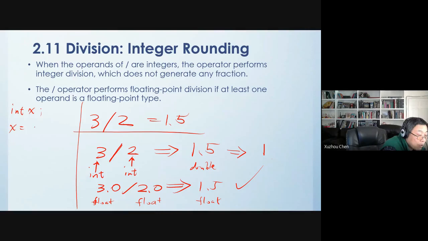and then x equals 3 / 2. So 3 divided by 2, which is 1, right? Because 3 is an integer, 2 is an integer. So 1 is assigned to x, because x is an integer, so x got 1, right? Not a problem. Now what about this? x equals 3.0 / 2.0.